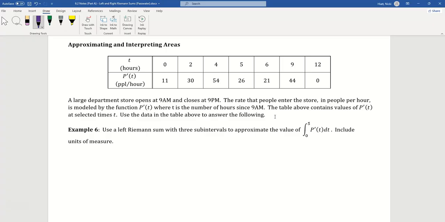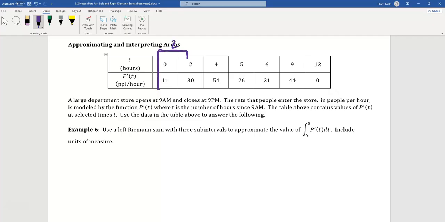And I want to think about the width of each rectangle and the height. Okay? Now, is the width of each rectangle the same on this table? No. Like from 0 to 2, right? That has a width of 2.